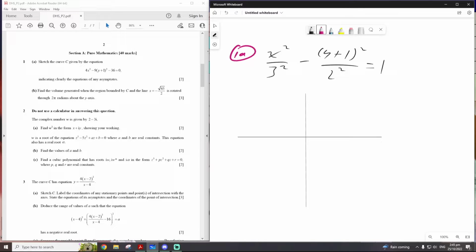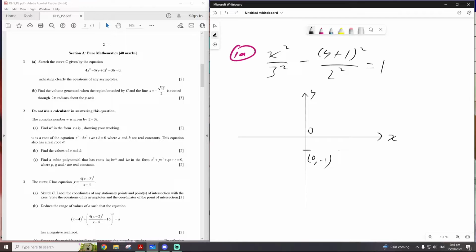Okay, so this is x and this is y. This is the origin. Then the center will be 0 and -1. And the vertex of your hyperbola is here. So let's draw the asymptote. What is the gradient of the asymptote? If you consider y over x, you will get 2 over 3 as the limit.